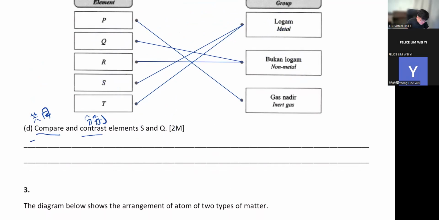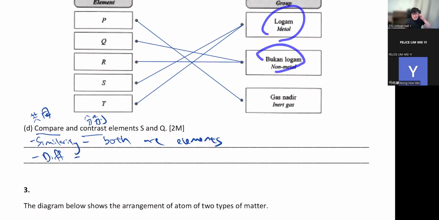Okay, let's talk about similarity first. 它们有什么共同点？两个都是 element 咯. Both are elements, 两个都是元素. Difference, 分别: you can say one is metal, one is non-metal, but this answer is already written here lah.